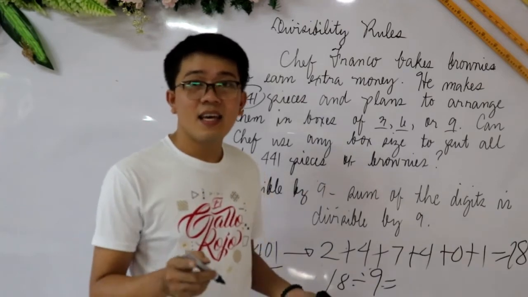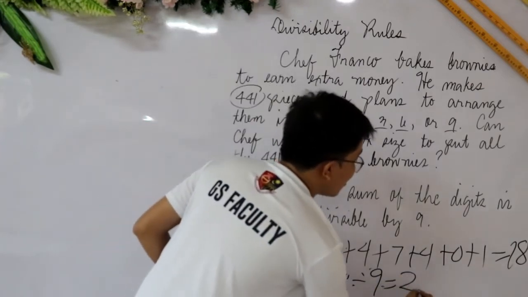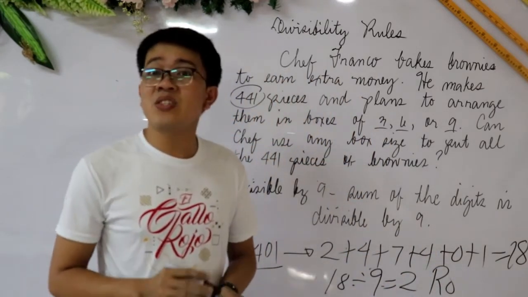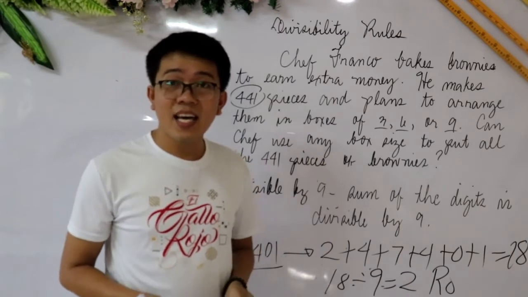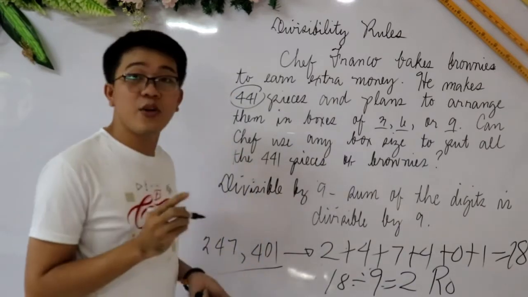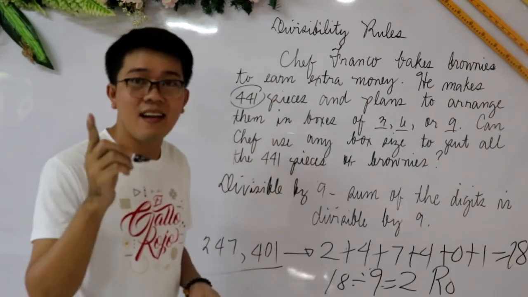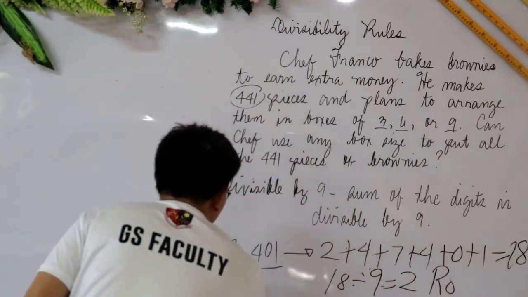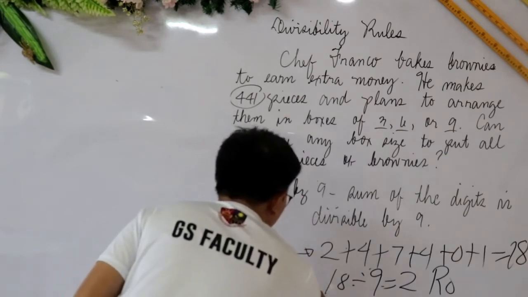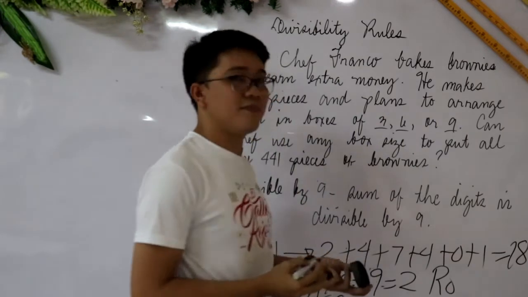Yes, it's 2, with no remainder. Since there is no remainder, it means that this number here, 247,401, is divisible by 9. Very good. Divisible by 9. Exactly.